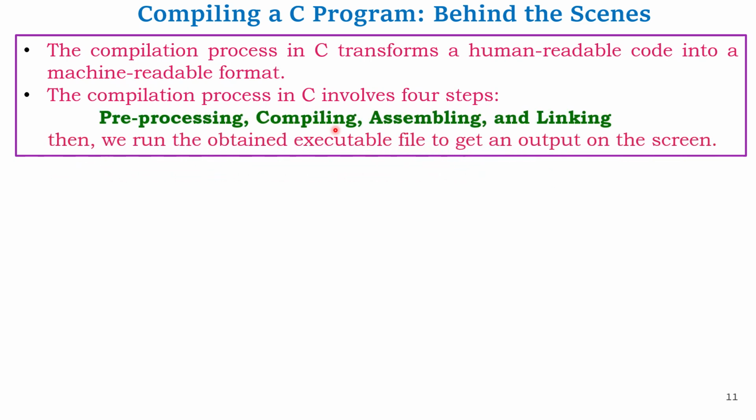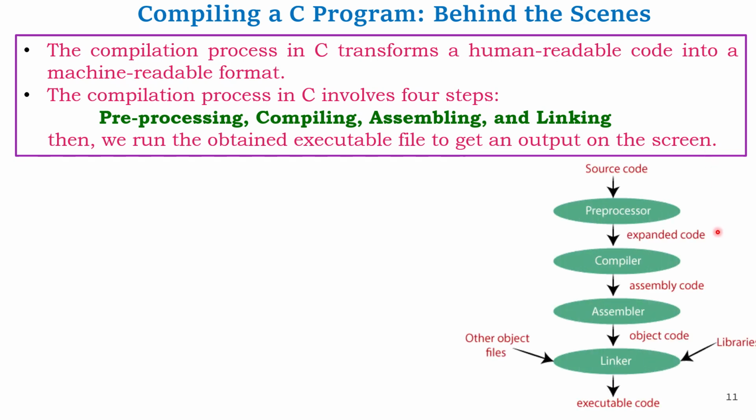First is pre-processing, then comes compiling, then assembling, and the last is linking. Once we get an executable file, we are able to see our output on the screen. Look at this diagram. This diagram sequentially will tell us how a program is successfully compiled. So my source code, that is my C program, is first submitted to a processor.